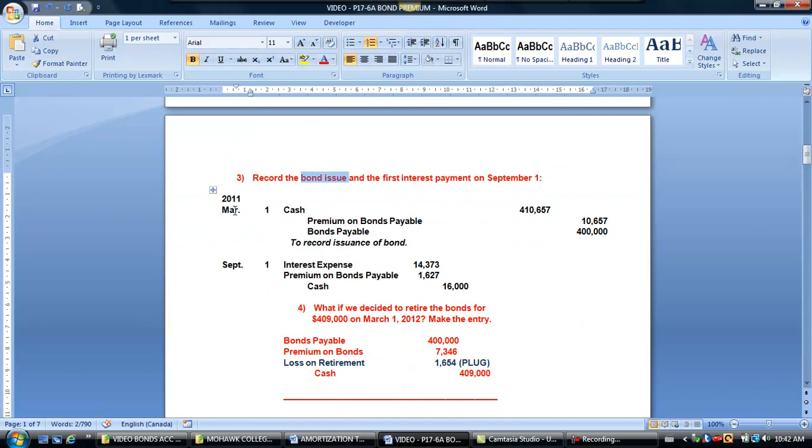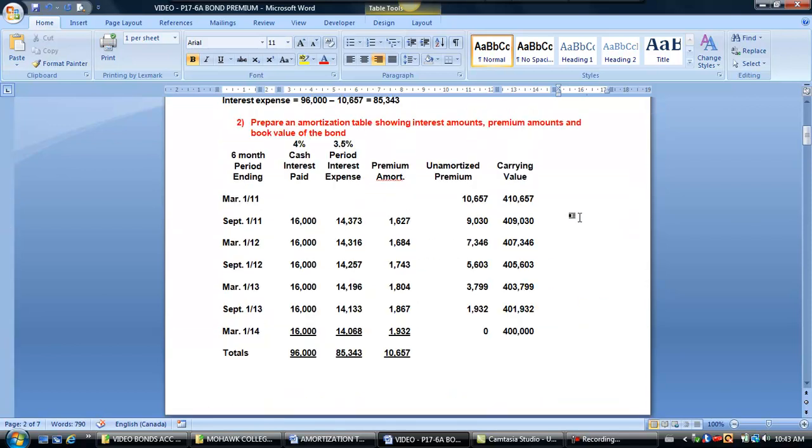Well, when we issued the bond on March the 1st, we recognized that we received cash from investors of $410,657. We're going to create a bond premium account of $10,657, and because when we create it or set it up, its normal balance is a credit, we're going to credit that account. And we're also going to credit the bonds payable of $400,000. And that sets up the journal entry to issue the bond. And again, we can get this from our bond table.